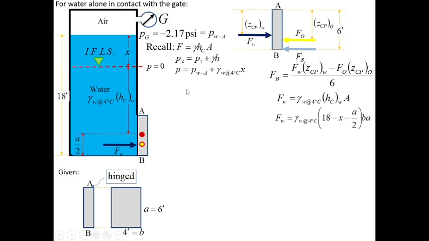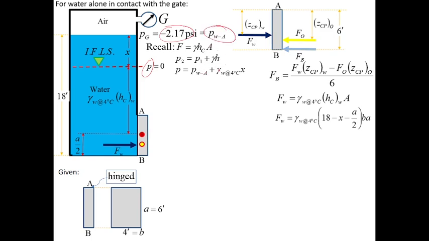In order to solve for x, we apply this formula. In other words, the pressure at the bottom here, P2, which is a greater pressure, so that will be P. P1 is a lesser pressure. That is negative 2.17.